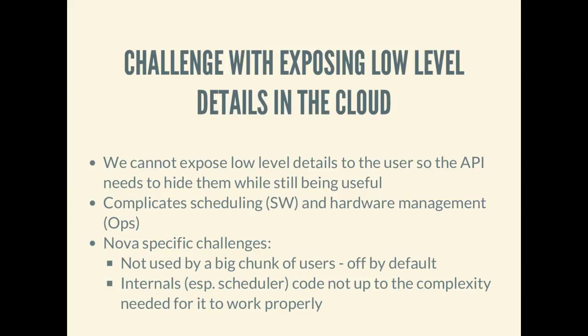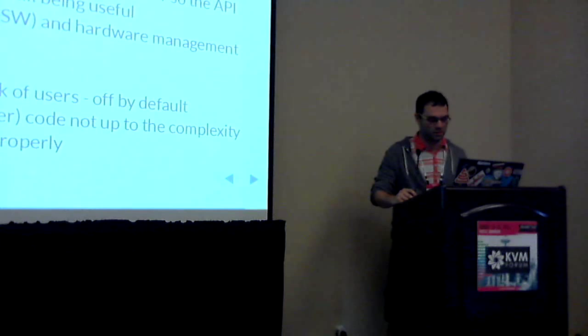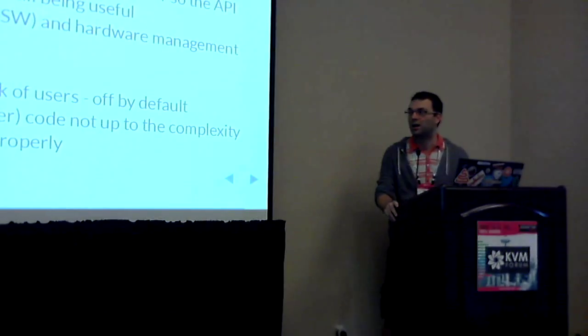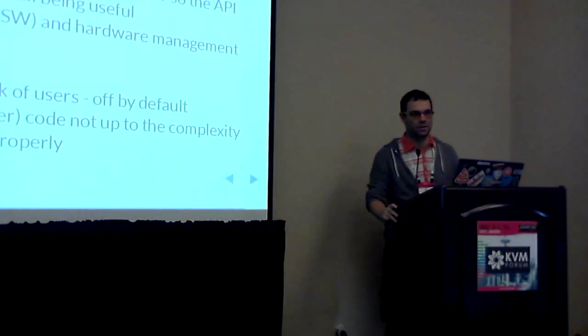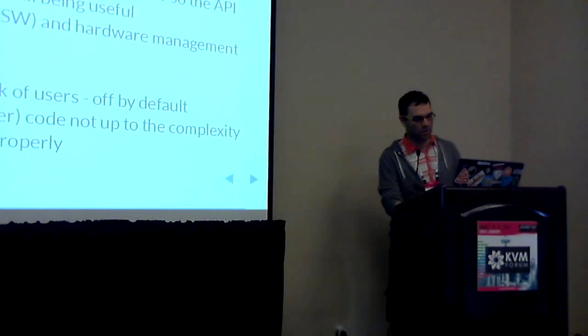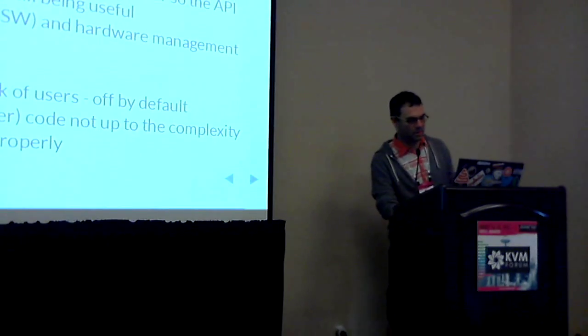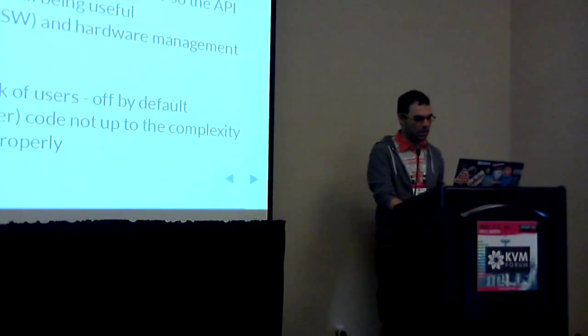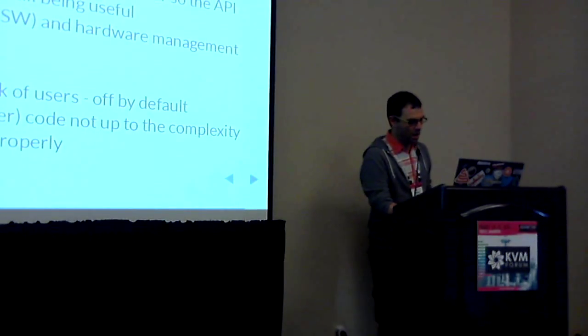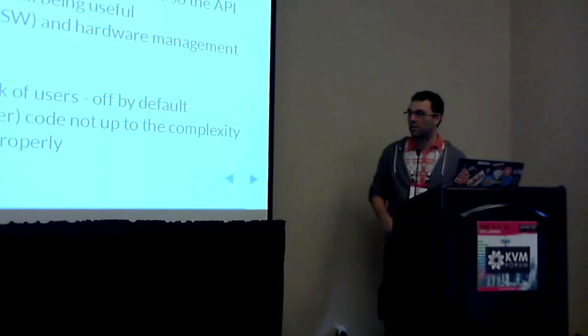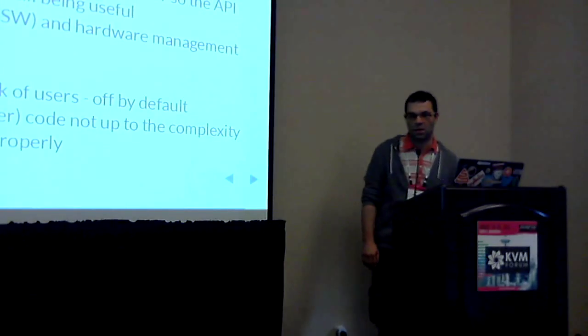The problem is that there's no easy way to expose these kinds of details. So we had to think hard about how to make this not be completely broken but still enable people to request these dedicated resources. As we've seen, this complicates scheduling.